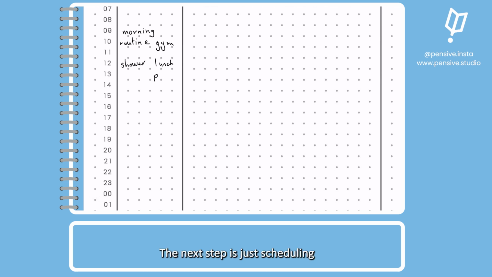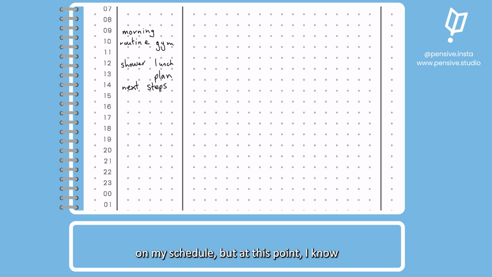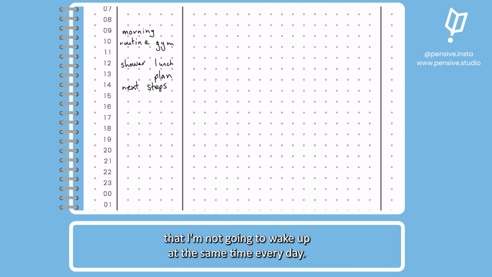The next step is scheduling in my activities for the day. I just write morning routine in shorthand, so I know what that means. I used to be very, very strict about where I place things on my schedule, but at this point I know that I'm not going to wake up at the same time every day.